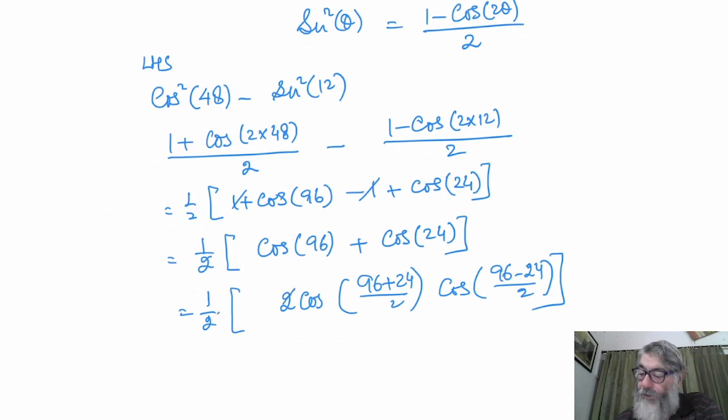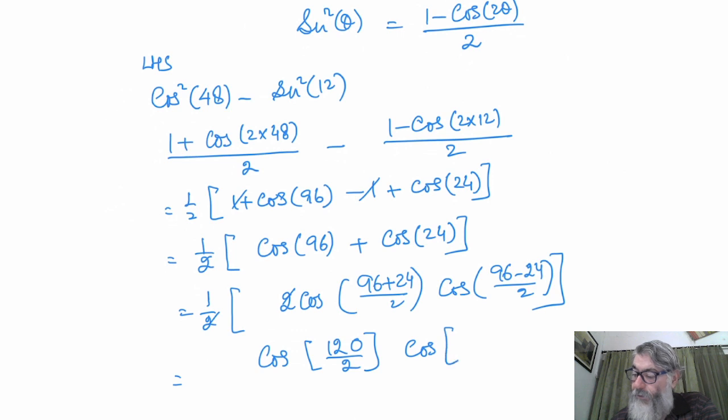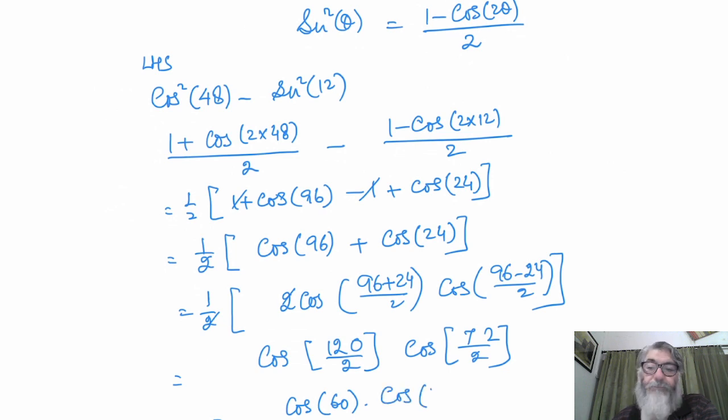This 2 will cancel. You will get cos of 120 upon 2, and cos of 72 upon 2. So you get cos 60 into cos 36.